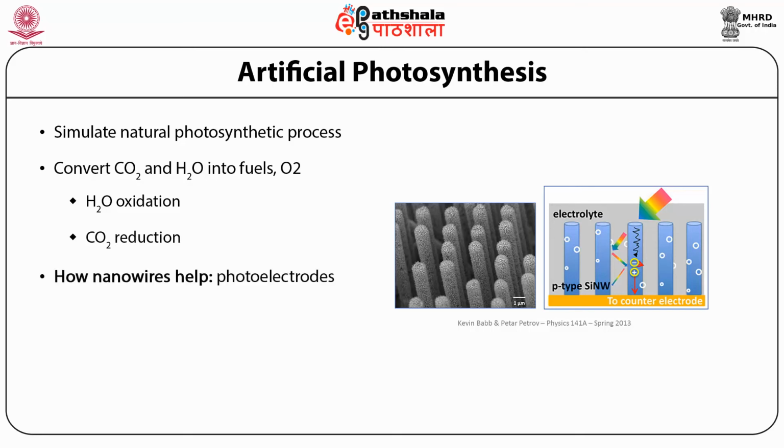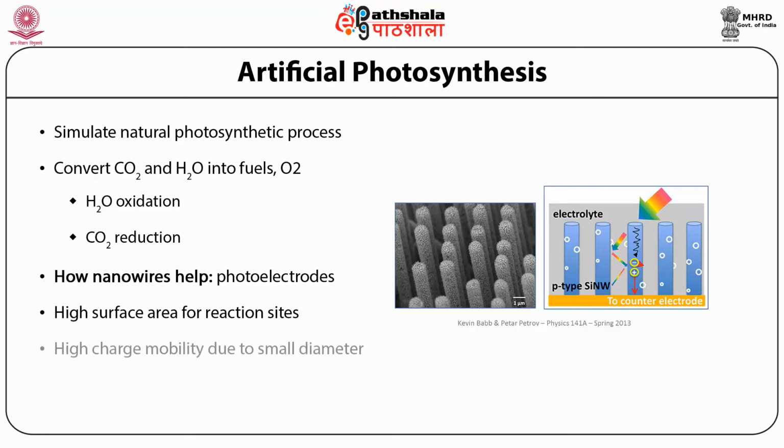How do nanowires help? They are used to fabricate the photoelectrodes. They have high surface area for reaction sites, high charge mobility due to small diameter, and can be grown in large quantities. So these two are the figures.